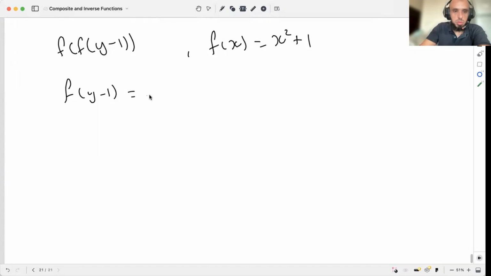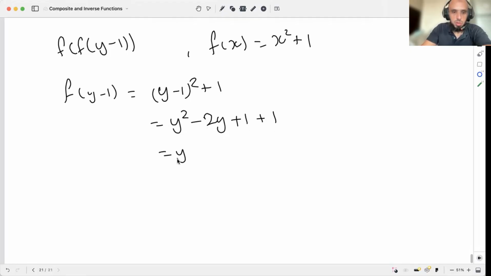We remove every x and put y minus 1. So y minus 1 whole squared plus 1, which is equal to y squared minus 2y plus 1. And then we add the 1. So everything is y squared minus 2y plus 2.